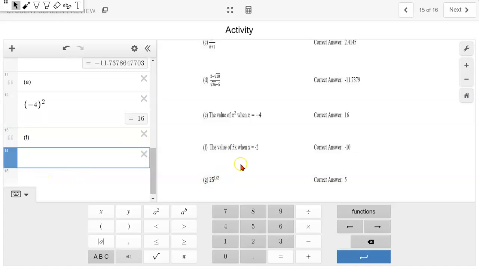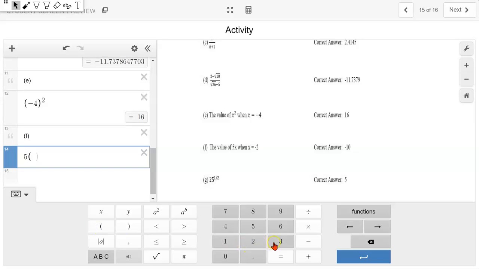And then F, the value of 5x when x is equal to negative 2. So that's 5 times negative 2. So open parenthesis, minus 2. And then automatically with a close parenthesis, you will get the correct answer, negative 10.